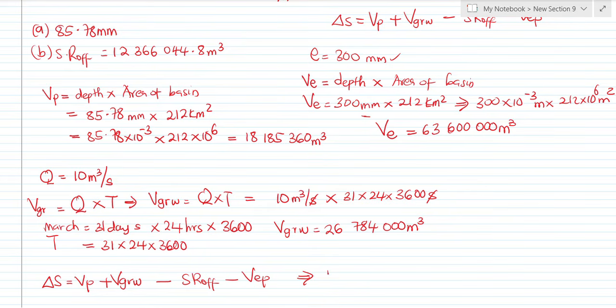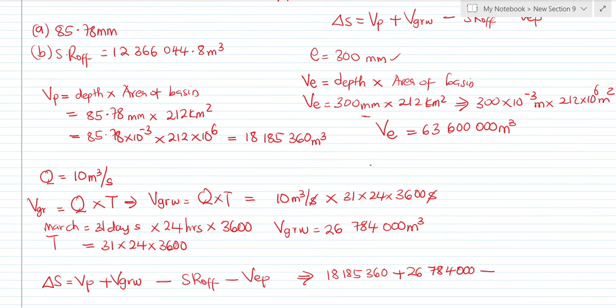Volume of precipitation was 18185,360 plus volume of groundwater, which was 26784,000, minus volume of surface runoff.